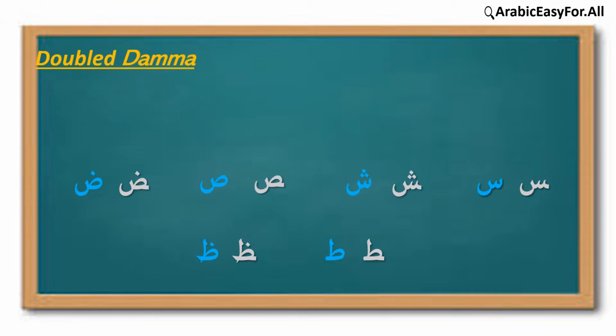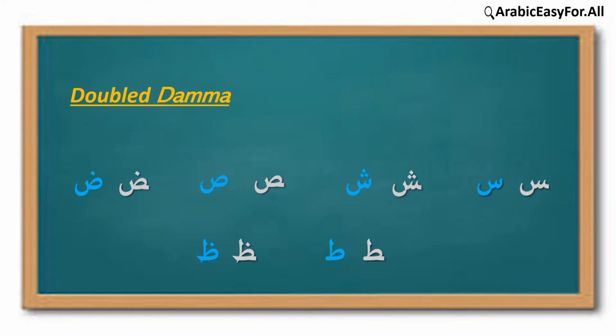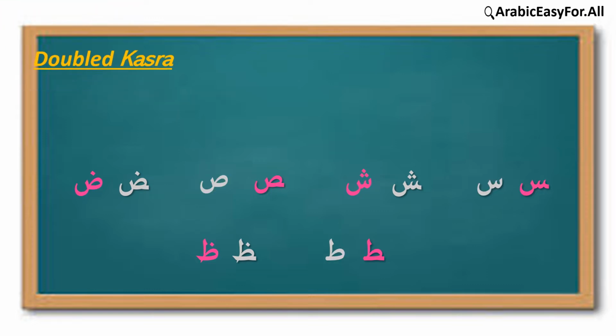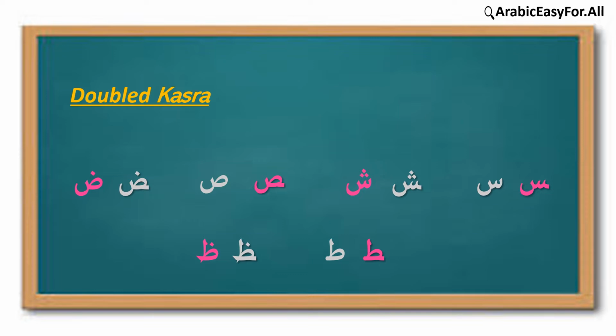In doubled dhamma, we say sun, shun, صن, ظن, طن, ظن. And in doubled kasra, we say sin, shin, صن, ظن, طن, ظن. Let's go into details.